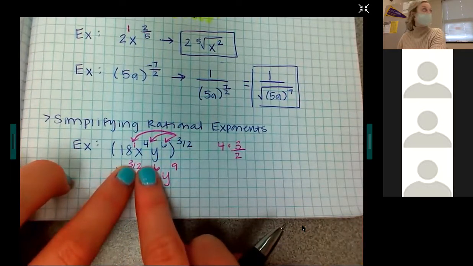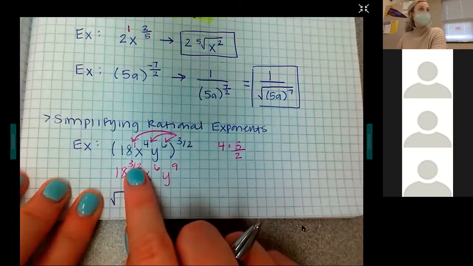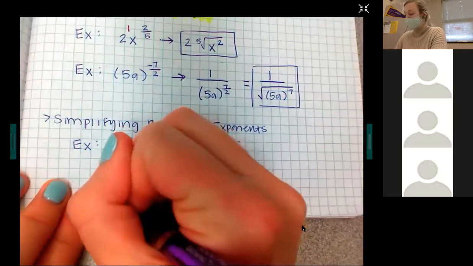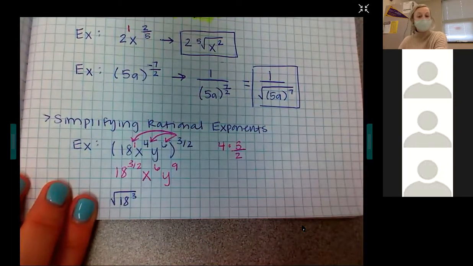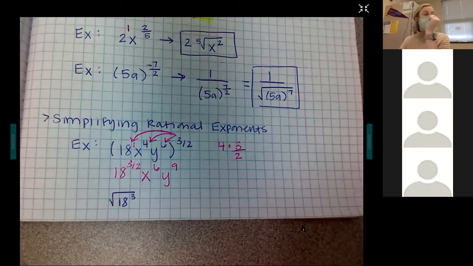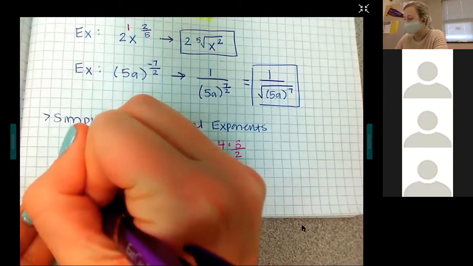Denominator is your bad doggy. Where's your bad dog sleep? Outside, so it's a square root. Where's your good dog sleep? Inside, so this is going to be 18 to the 3rd. Now, if the x to the 6th and the y to the 9th are whole numbers, they're on the outside. Very good.